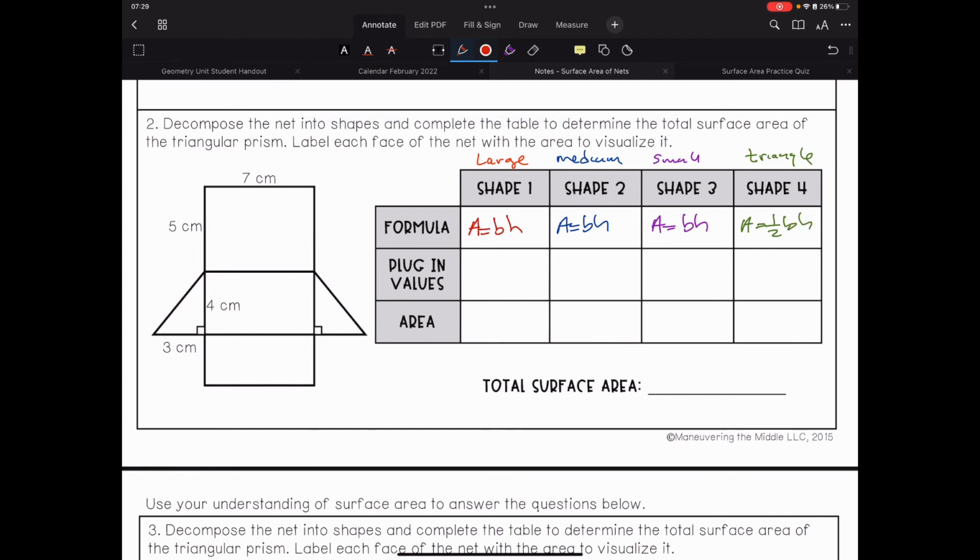So let's go ahead and plug in the values. For the large rectangle, we're looking at 5 times 7. Those are the dimensions. For a total area of 35 centimeters squared.